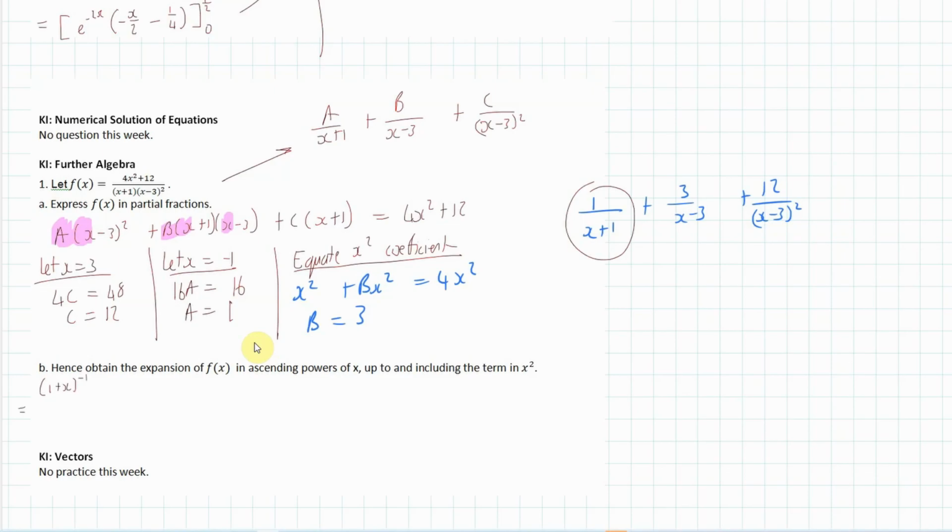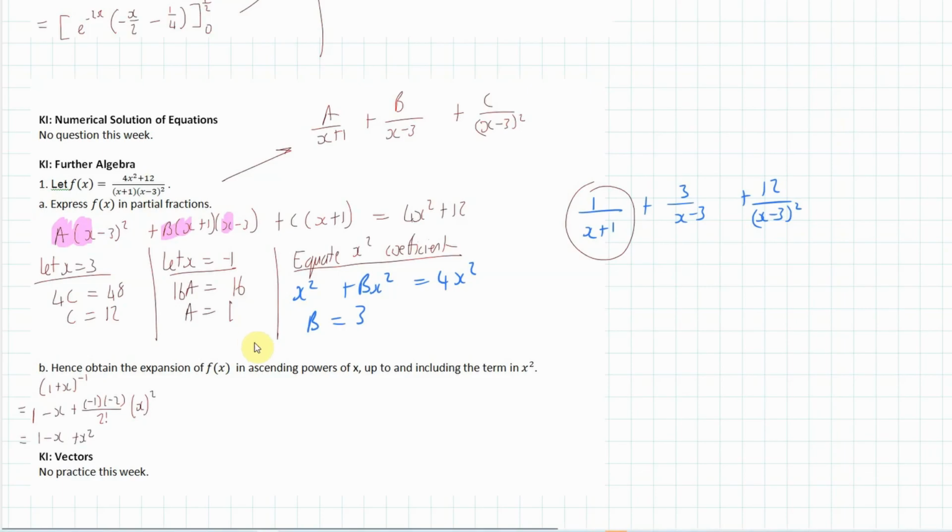So we get 1 minus x plus, and then we have -1 times -2 over 2 factorial times x squared. So that's easy. That gives us 1 minus x, and then plus x squared. So we've done the first one.